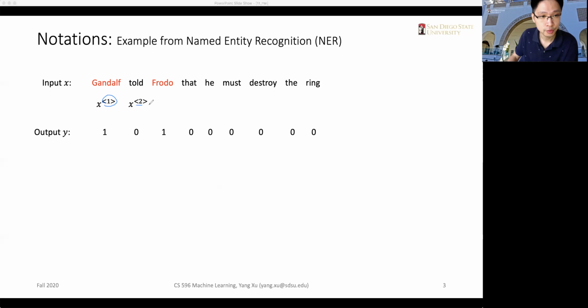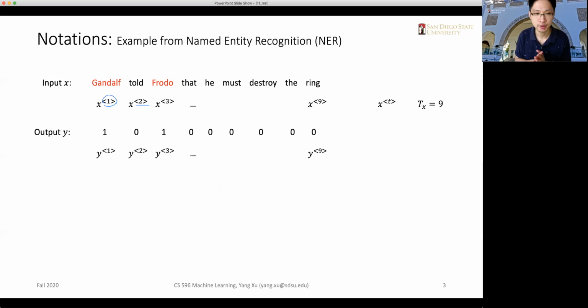And the 2 here indicates this is the second time step, and so on. So basically, the last one is X<9>, because we have 9 words in total. And we can use X superscript <t> to indicate the particular input element at time step t. And we can also use capital T to indicate the length. That is just some conventional definitions.